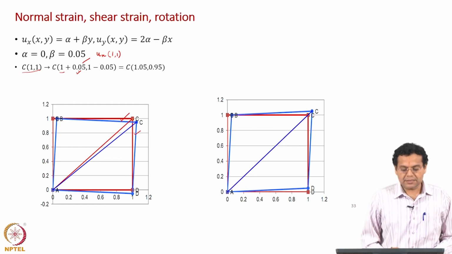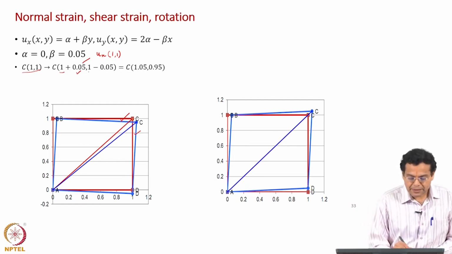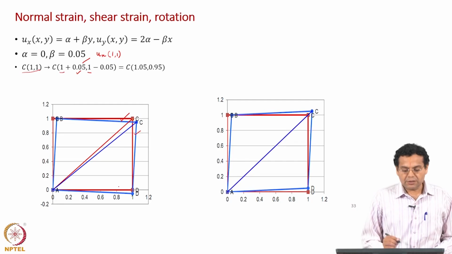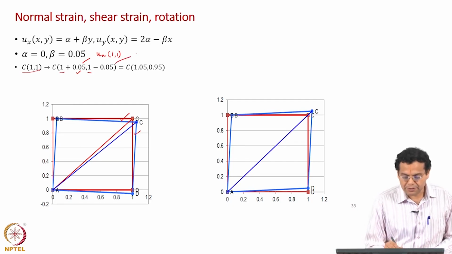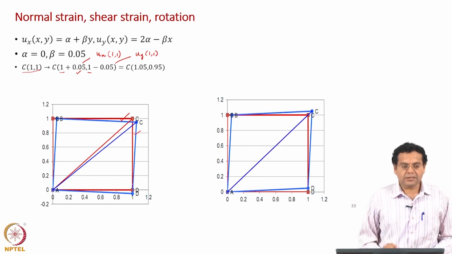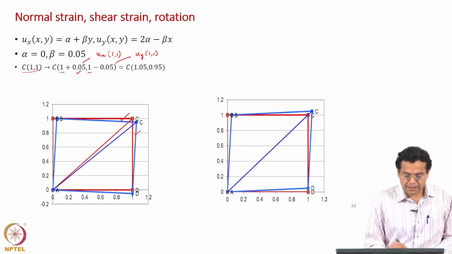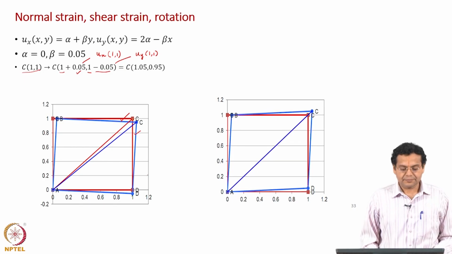Now come to the y displacement, the initial coordinate. Okay. What is the y displacement? This represents uy at 1 comma 1, alpha 0. So, it is minus beta x, x is equal to 1, giving you minus beta, which is minus 0.05. Okay.